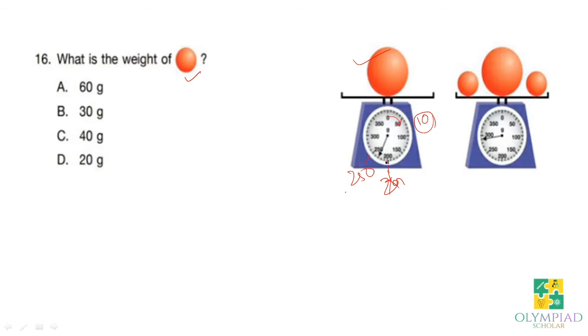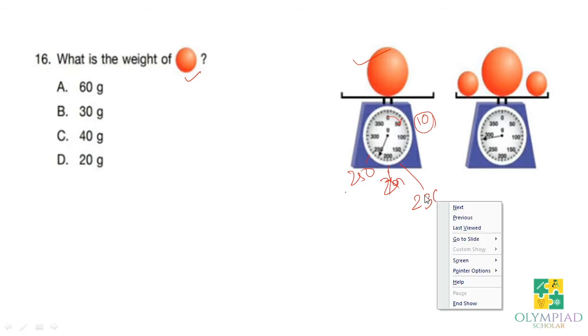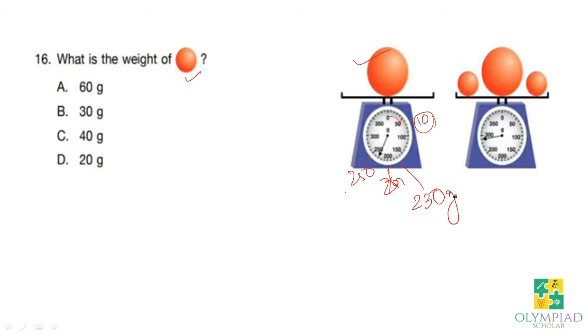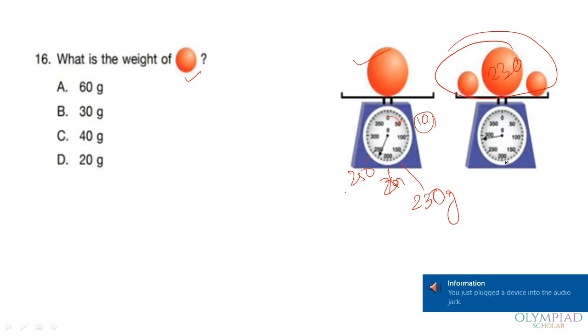Here 200, and after 3 divisions it is 230 grams. And here it is 230. So the total weight is 200, 250, 300, and one division below it will be 290 grams.